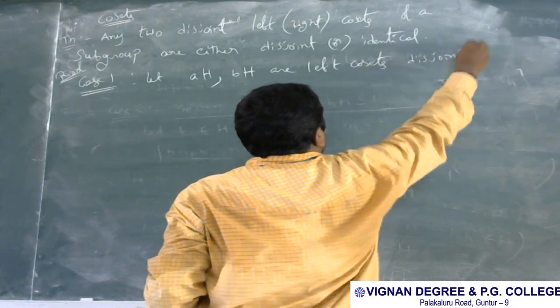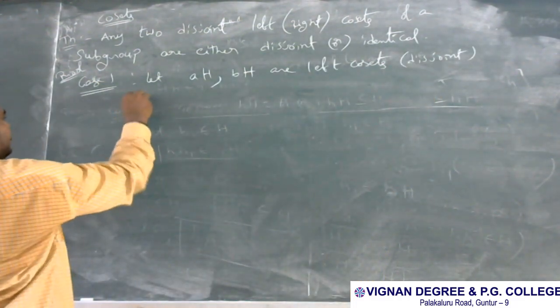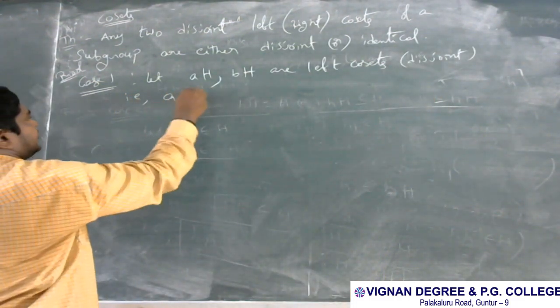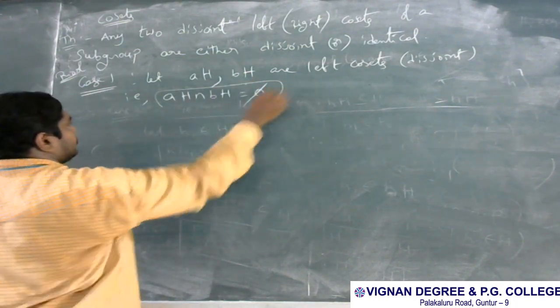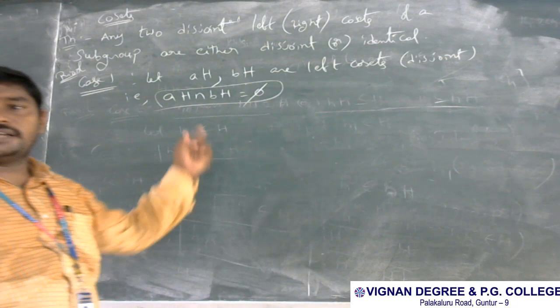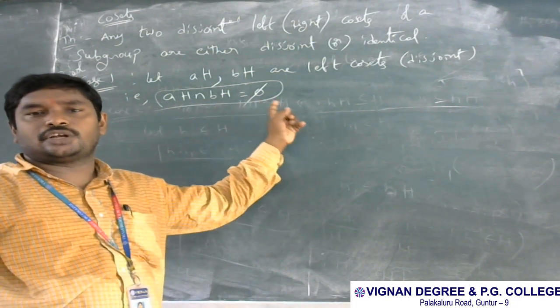Left cosets disjoint, that is, AH intersection BH is equal to phi. Okay, friends? That is AH intersection BH is equal to phi.